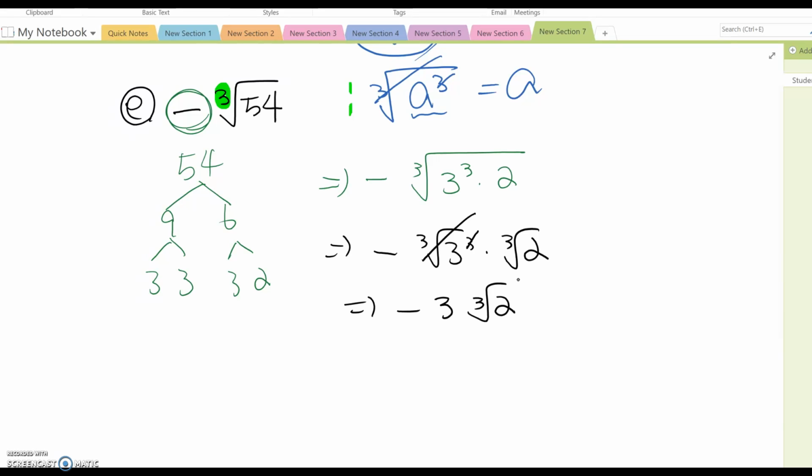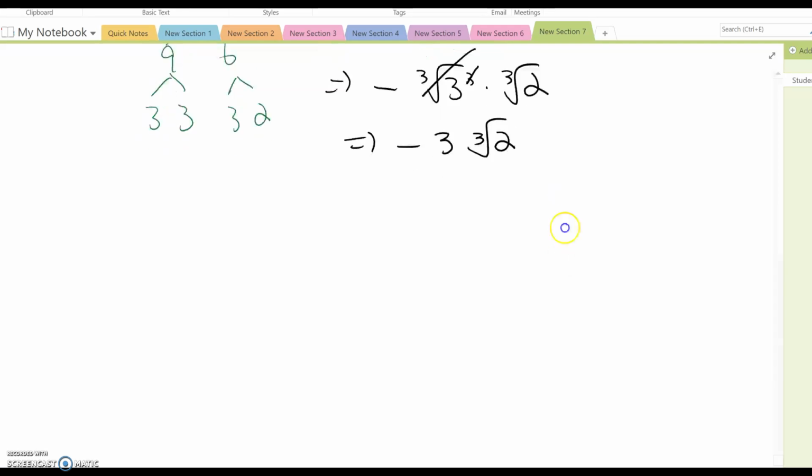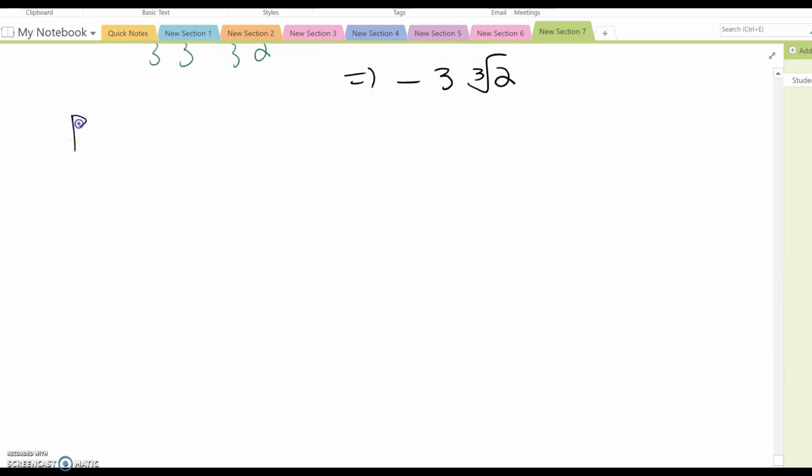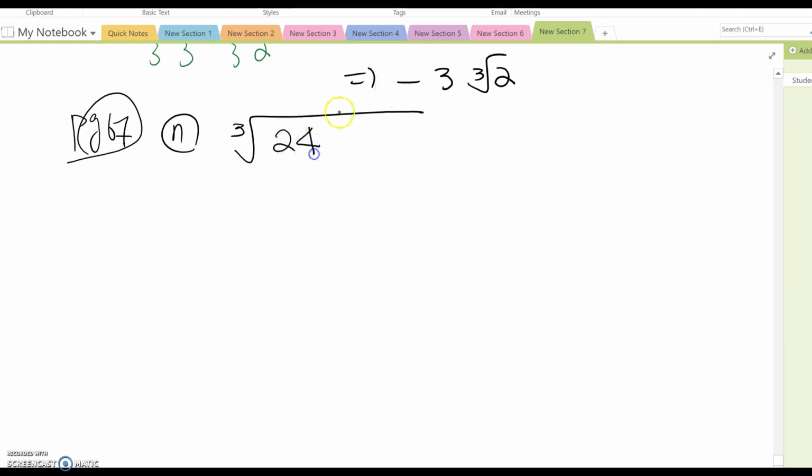So look at a little bit more complicated problem, such as page 67, letter N, which is cubic root of 24 a cubed b squared and c to the fifth.